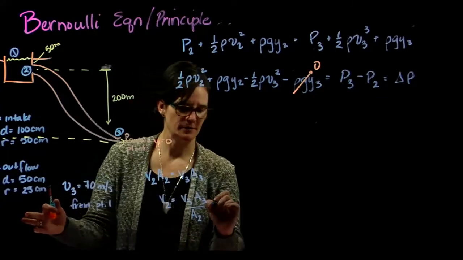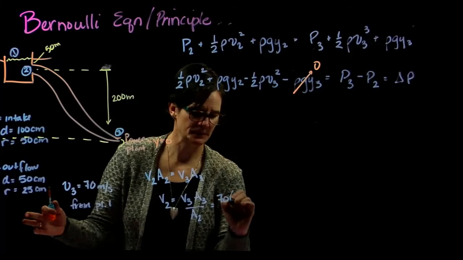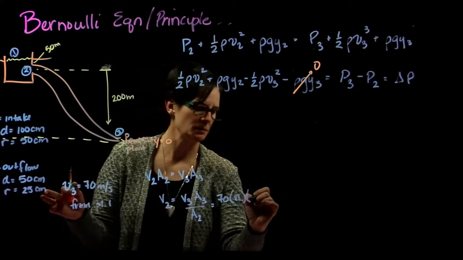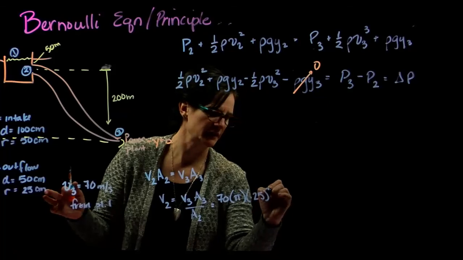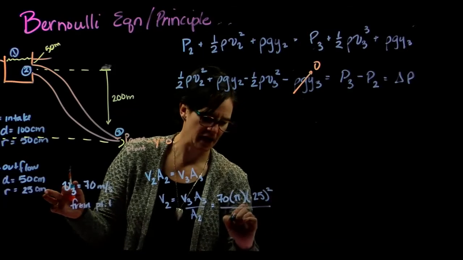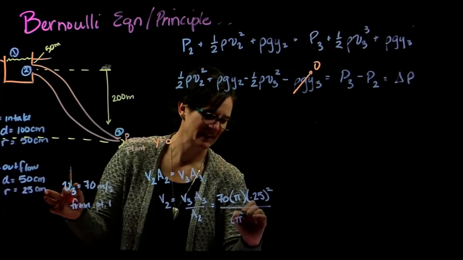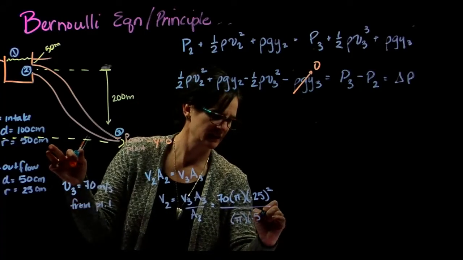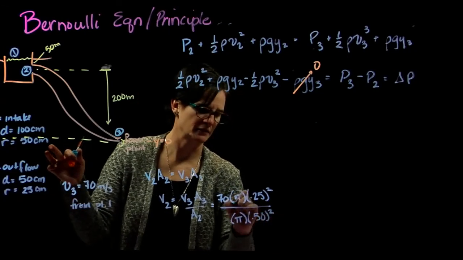So we have all this information. The speed at 3 is 70. The area is pi times the radius of 3, which is 0.25 squared, divided by pi times the radius at 2, which is 0.5 squared. The pi's go away.